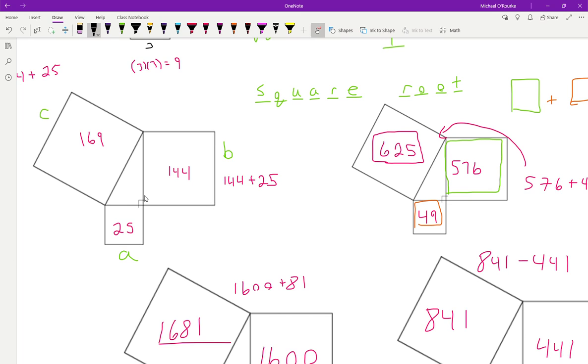What's the side length of square B, what's the side length of square C, and what's the side length of square A? In chat, just go A equals, B equals, C equals. B equals 12, good.